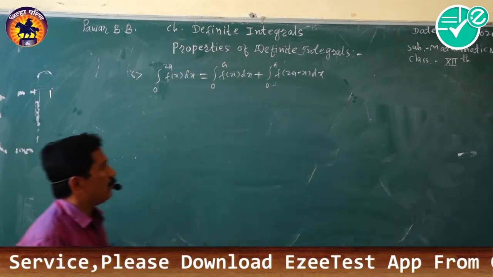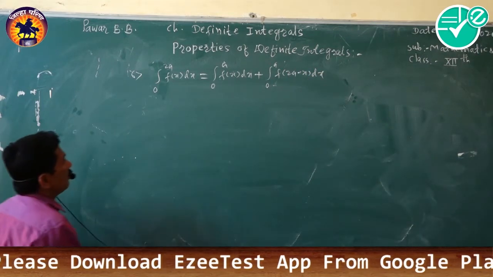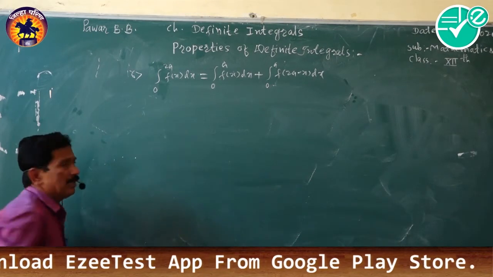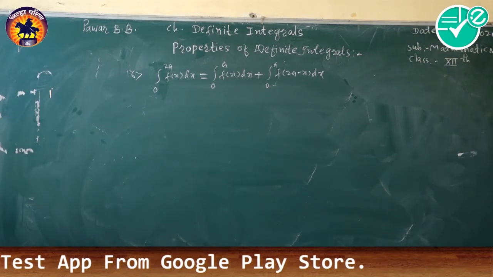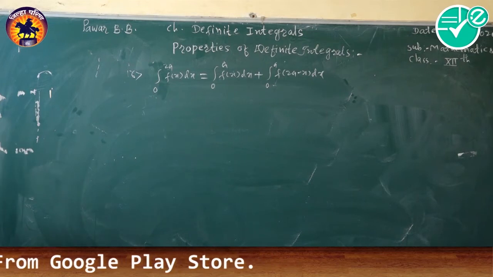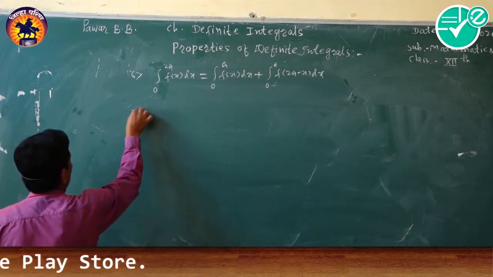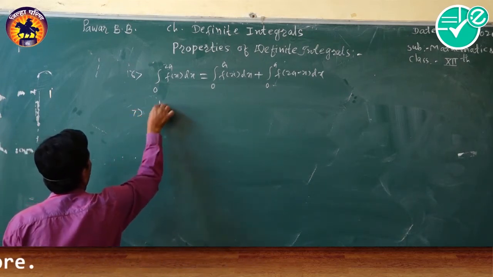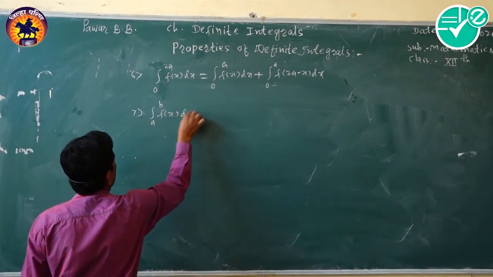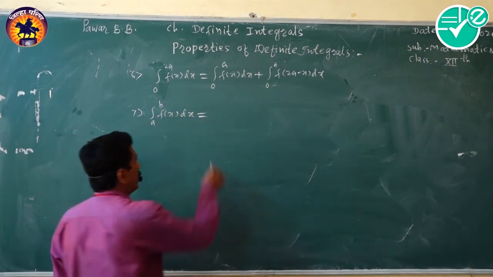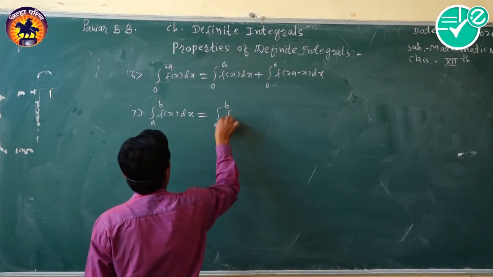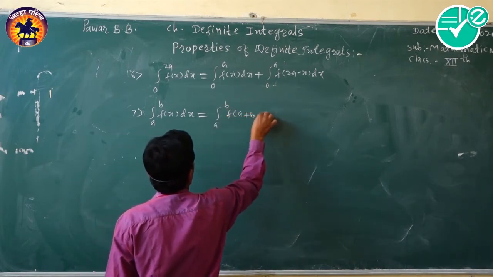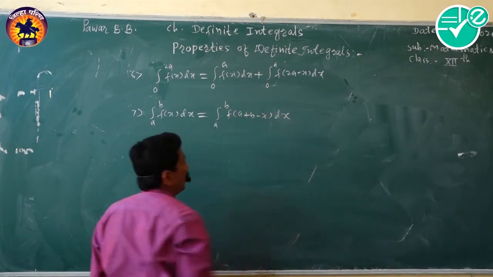The proof of this property was asked this year in the board pattern, and the last property, that is 7, integration from a to b f of x dx is equal to integration from a to b f of a plus b minus x dx.